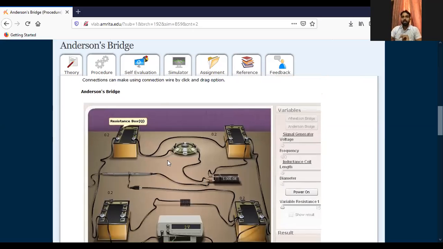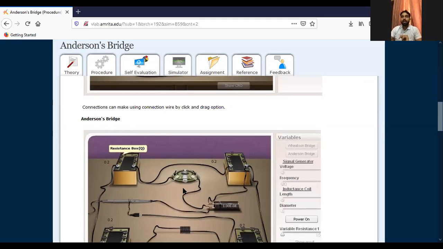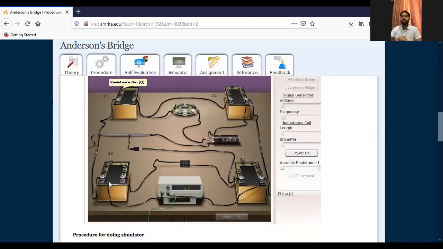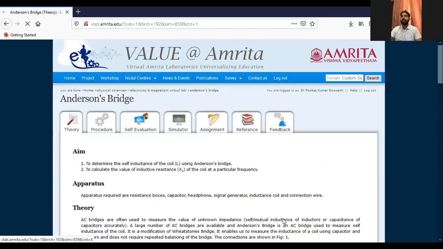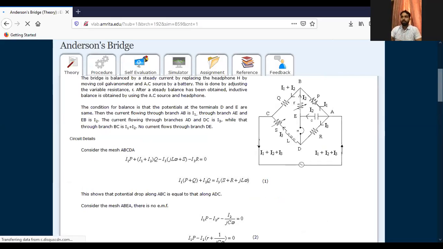In the second, what are we creating? Now we are creating the Anderson bridge. So one, two, three, four resistances are here, as we have seen in the previous diagram if you go back. But we need to have one inductance, and second, one capacitance.